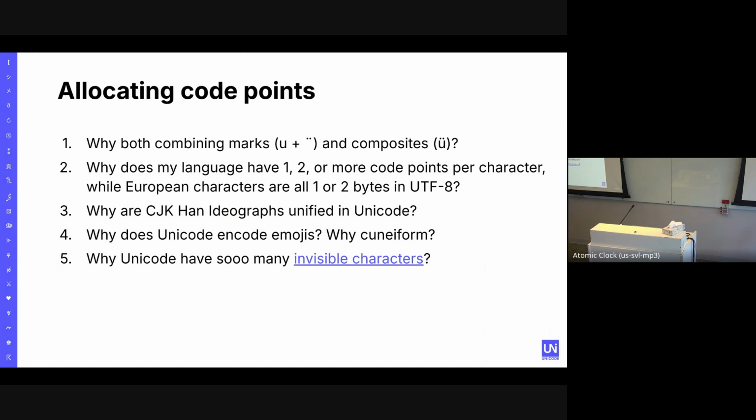Yeah. Let me go to some different topic, which is allocating code points. I'd be interested to hear you say something about the criteria for accepting a character. It seems like some characters or scripts get a lot of scrutiny and require examples.